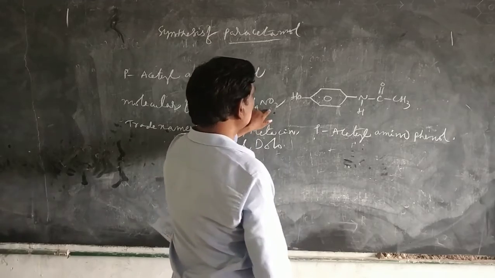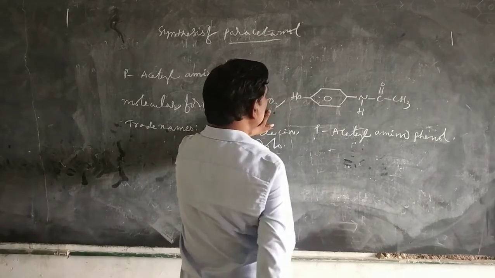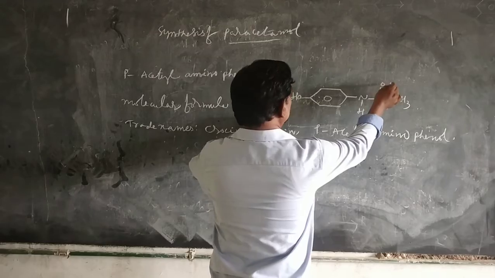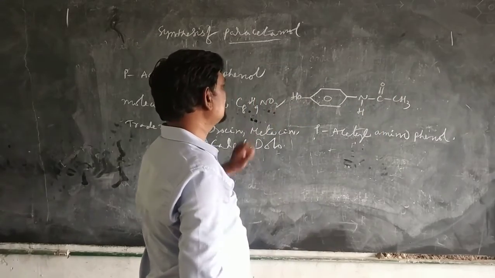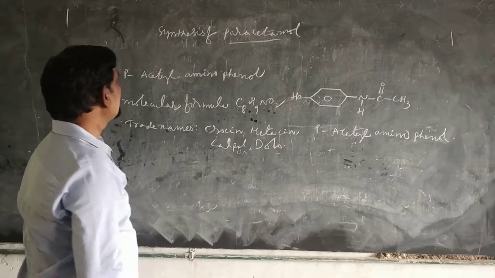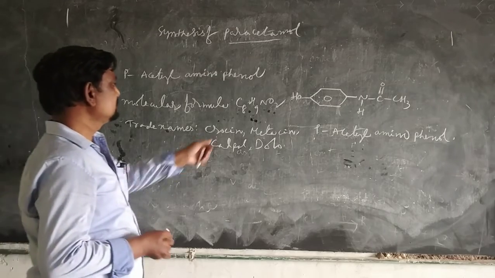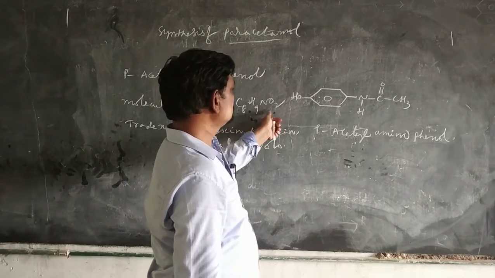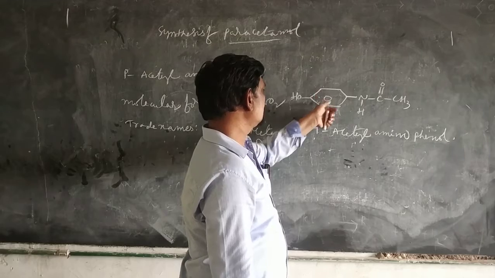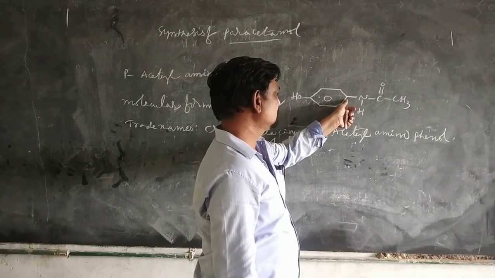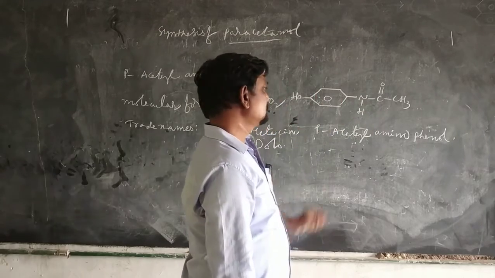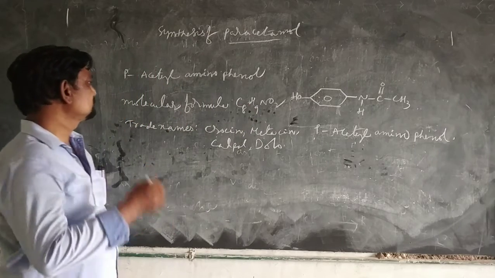Nitrogen is there, and oxygen 1 and another oxygen 2. So the structure is satisfied. Basically, a phenol ring attached at the para position to an acetyl group and amino group is known as paracetamol.